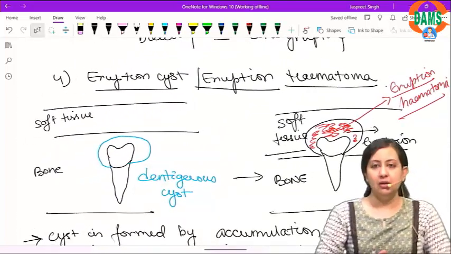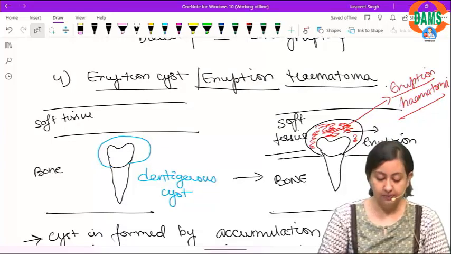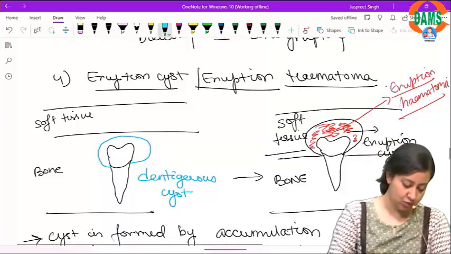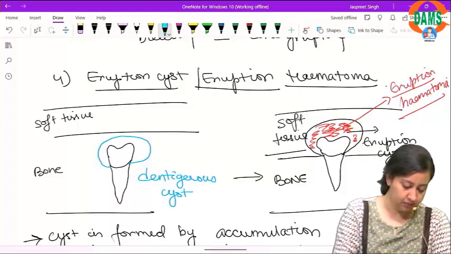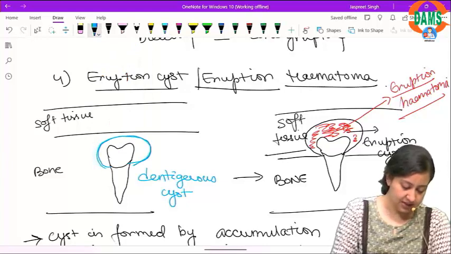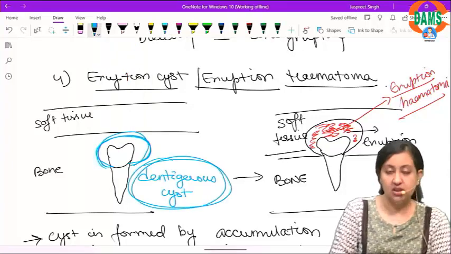See what is happening. So when the tooth is in its eruptive phase, in case there's a cyst present which is associated with the tooth, but the cyst is present in the bony tissue like here, then it becomes a dentigerous cyst.